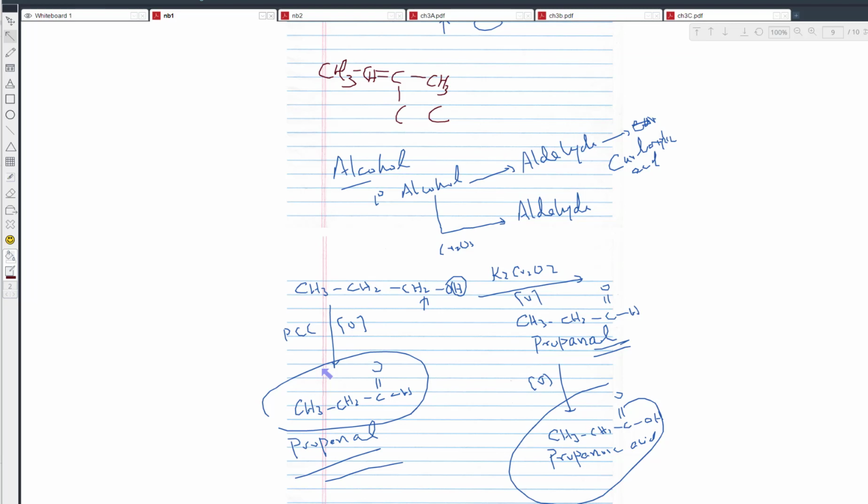Check the answer. Maybe these two compounds are given there. Okay, so the products that they have in order is propanal. Propanol is the reactant. What name is given?